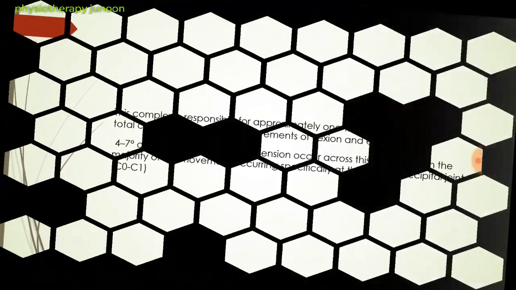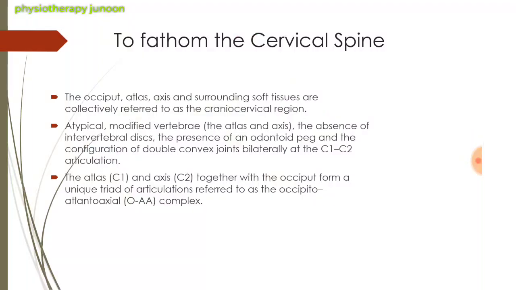the cervical spine. To understand the cervical spine: the occiput, atlas, axis and surrounding soft tissue are collectively what we can call the craniocervical region. There are atypical modified vertebrae, the atlas and axis, the absence of an intervertebral disc, the presence of an odontoid peg, and the configuration of double convex joints, bilateral at the C1 and C2 articulations.